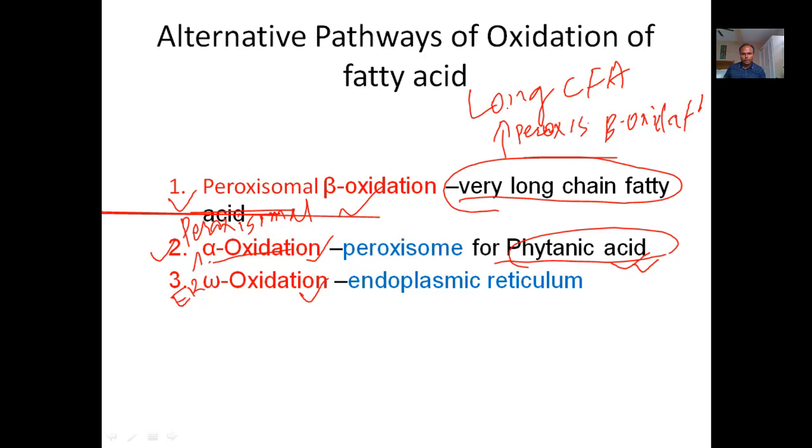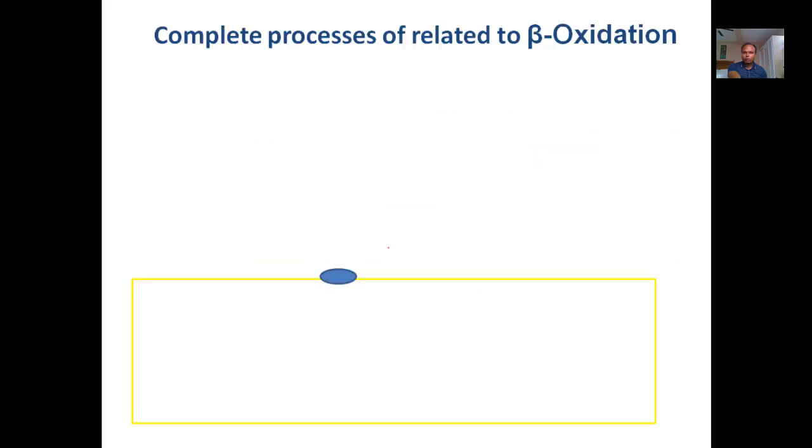This long chain fatty acid will then join normal mitochondrial beta oxidation. So these are the alternative or minor pathways in a nutshell. We will talk about them later in detail. In this class we will talk about beta oxidation only.